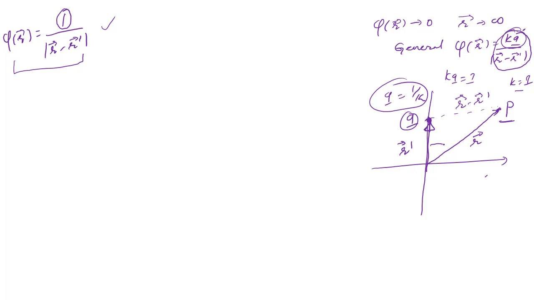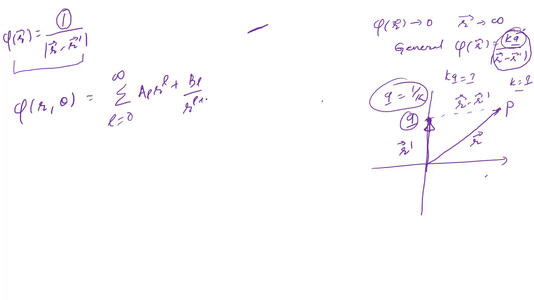And if we call this angle theta, then I can in general write, in spherical polar coordinates, phi of r, theta as the sum over L equal to 0 to infinity of AL r to the power L plus BL by r to the power L plus 1, times PL of cosine theta.